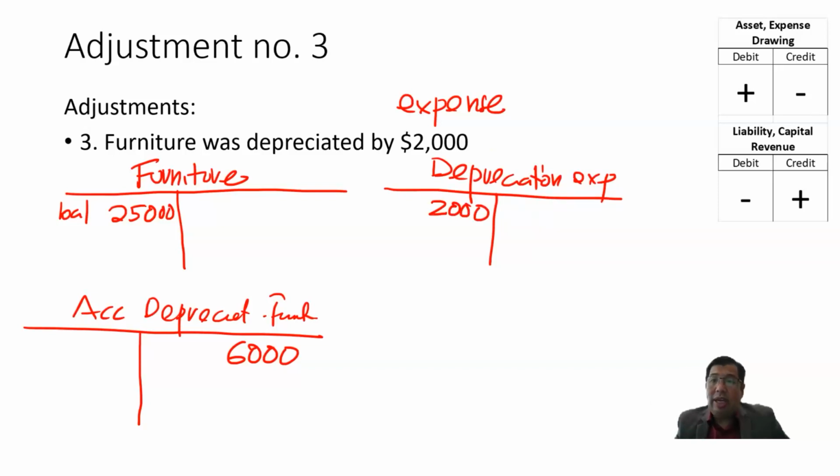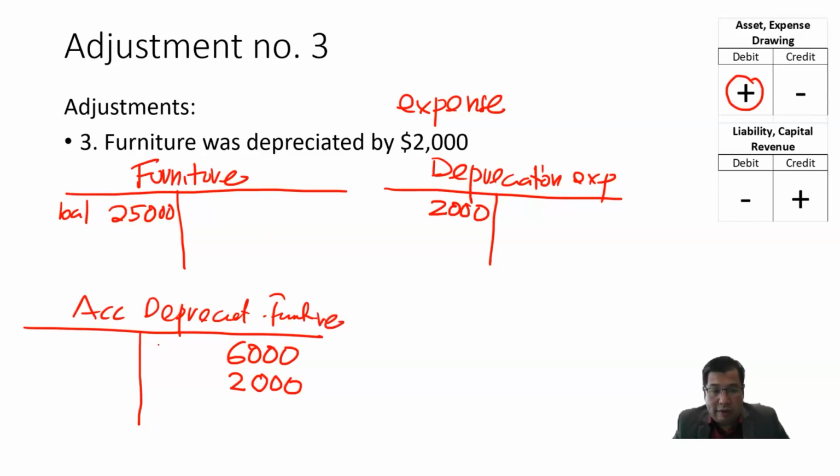Since this will reduce the value, our accumulated depreciation we're going to credit by another 2,000. This is our expense. Expense increase, debit, and the loss of value of furniture or asset we are going to credit. But we're not going to credit our furniture account. We have a special account, we call it accumulated depreciation for furniture, 2,000.